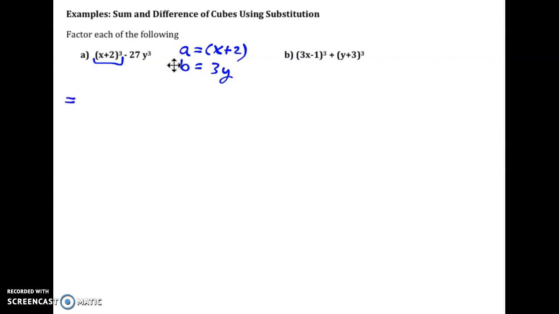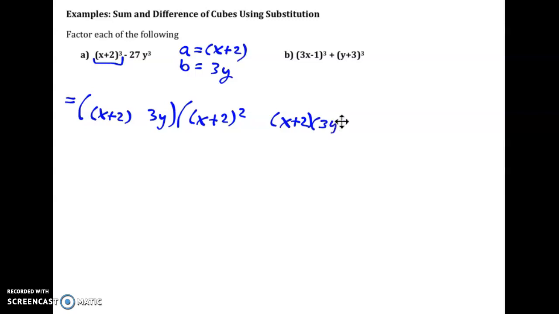Once you have the A and the B, it becomes exactly like all the other examples. We do A minus B, okay, and then we have an A squared, then we have an A times B, and then we have a B squared term.